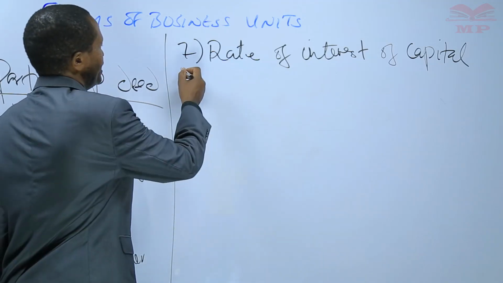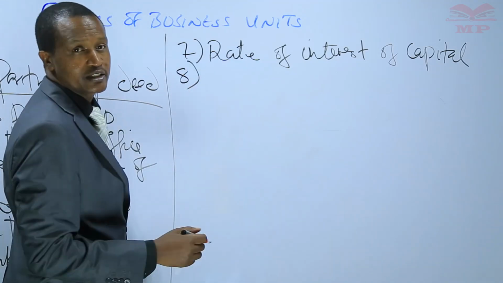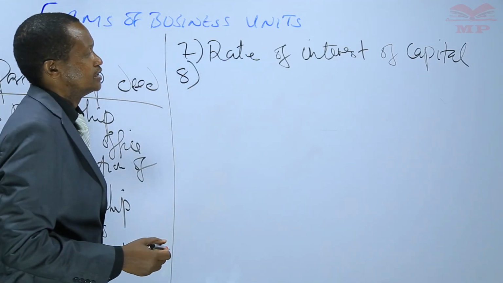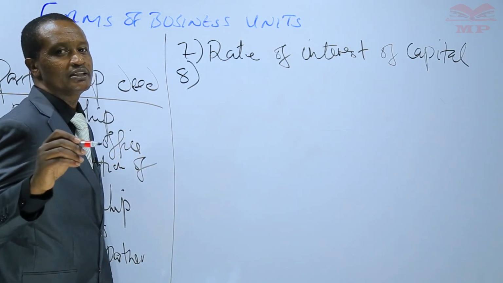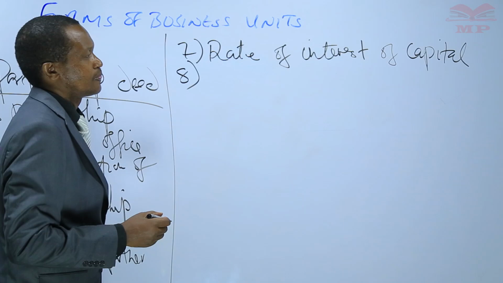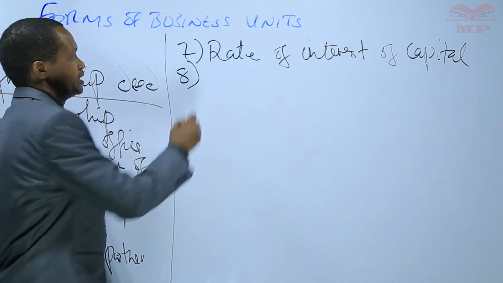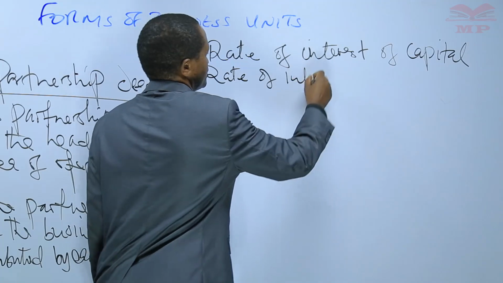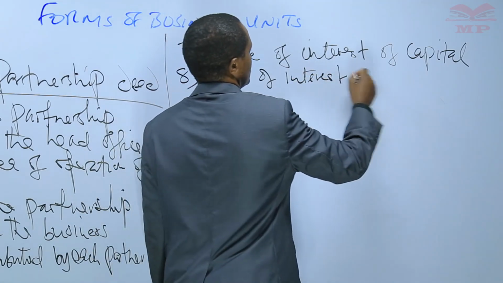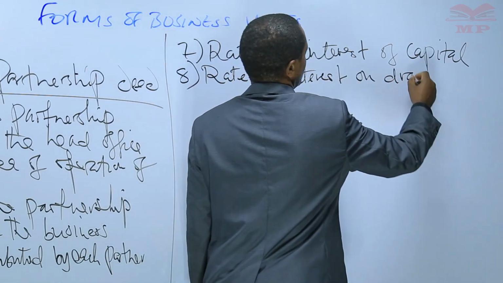Then number 8, we can add drawings by partners and rate of interest on drawings.